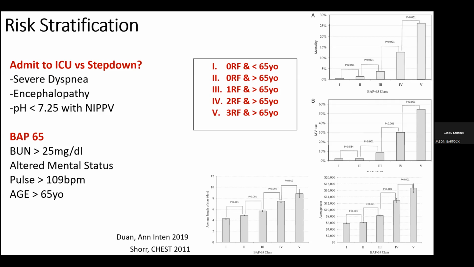All of these things play into the likelihood that a patient, number one, might need support longer, might need support at a higher level, is at higher risk of death and higher risk for escalation to mechanical ventilation. So this might be a patient, depending on the workflow of your hospital, that lands in the ICU, even if they don't look like they're going to be intubated up front, because they're at a high risk of failure.